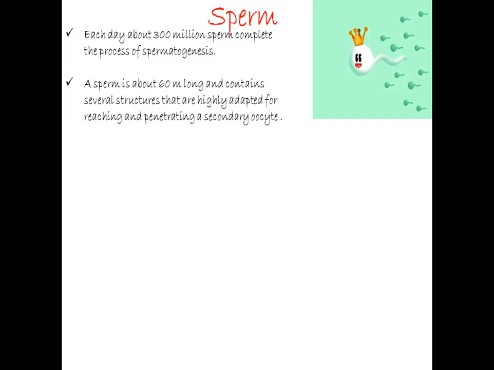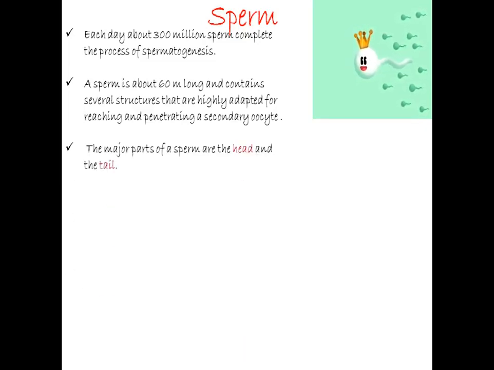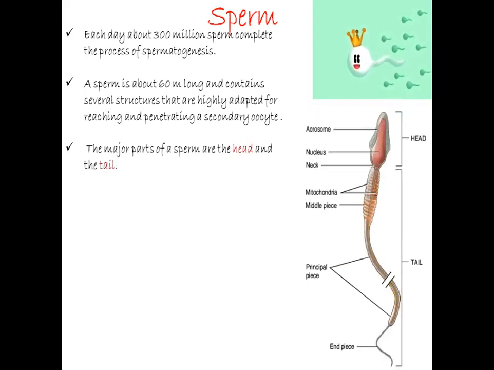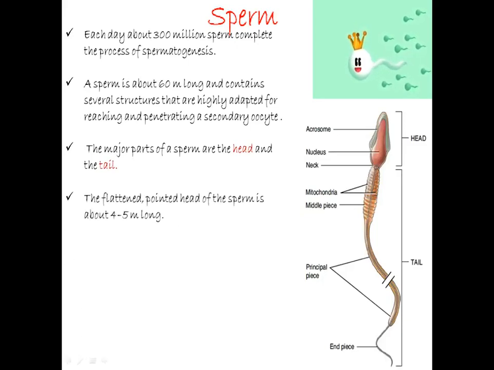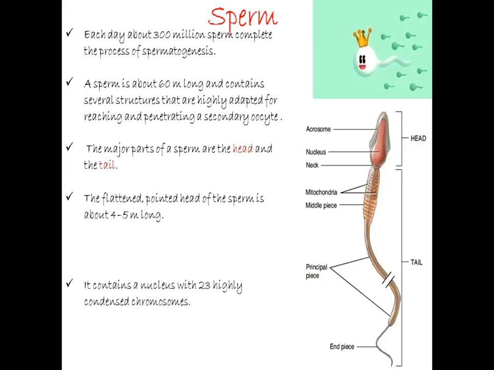A sperm is about 60 micrometers long and contains several structures that are highly adapted for reaching and penetrating a secondary oocyte. A major part of the sperm are the head and the tail. Now see, this is the diagram of the sperm. The flattened, pointed head of the sperm is about 4 to 5 micrometers long.